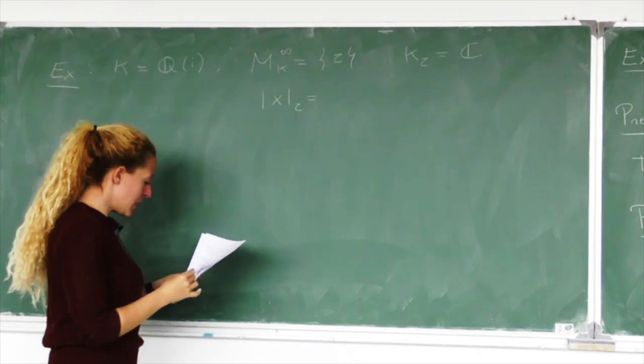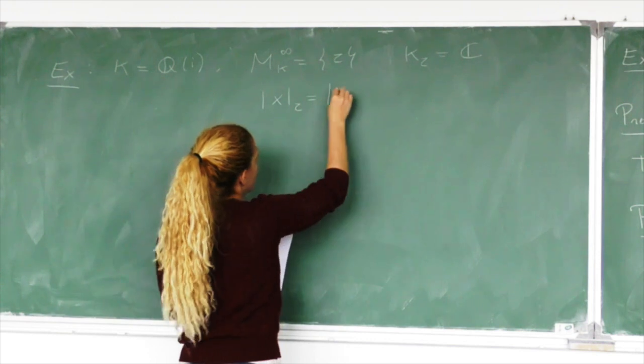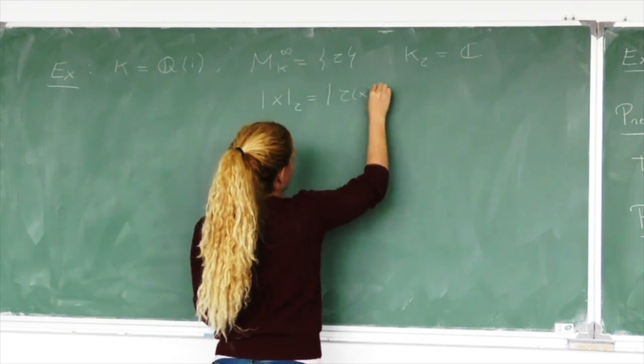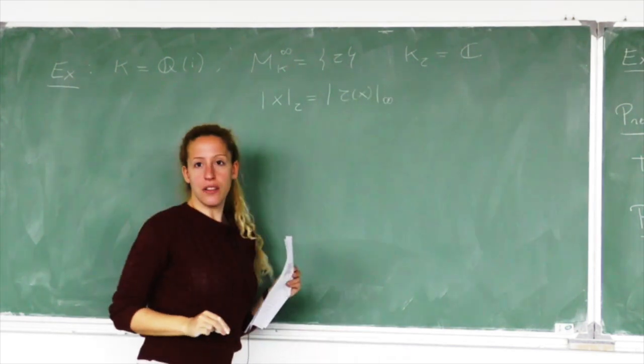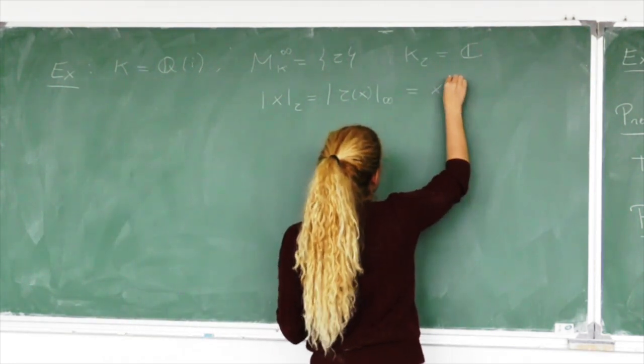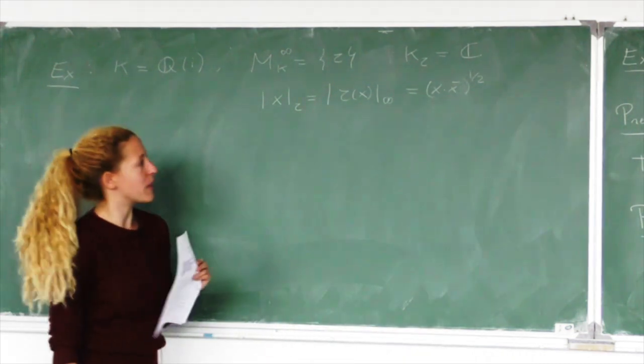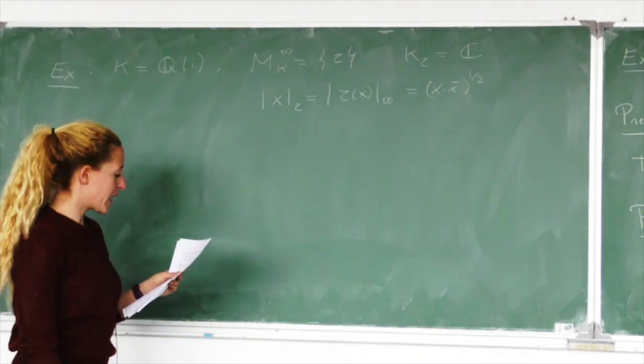By definition, this is equal to this product, the square root of the product of a number by its conjugate.